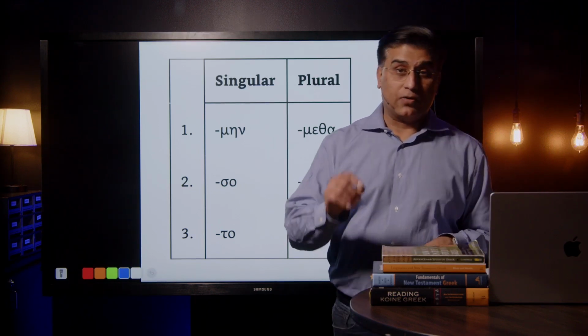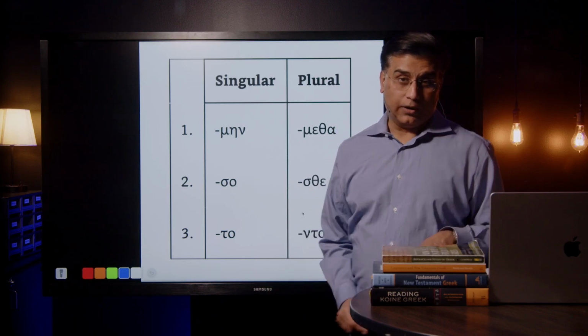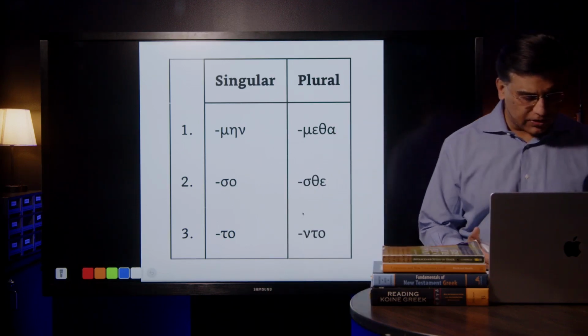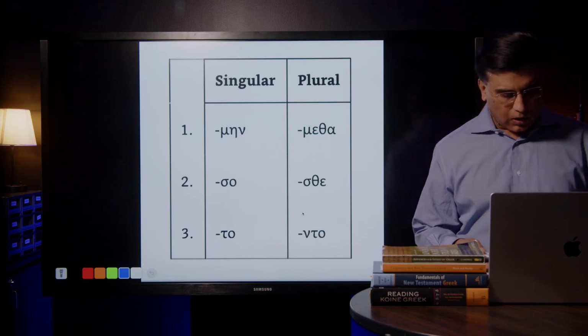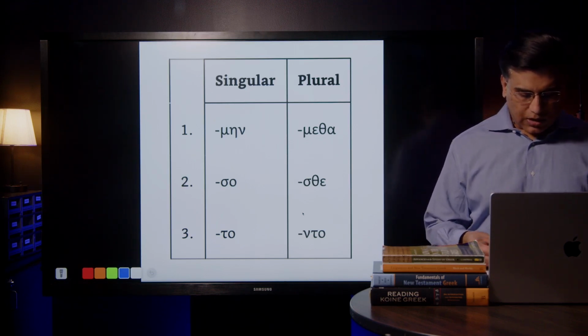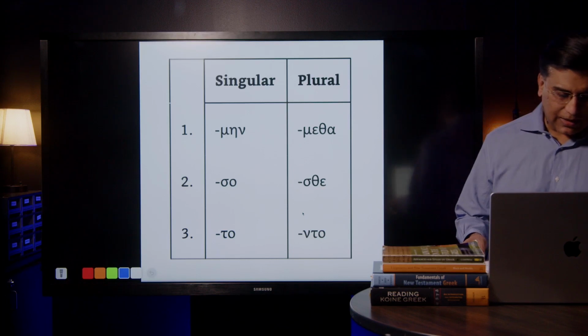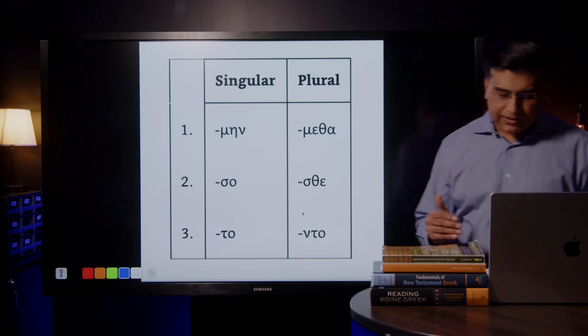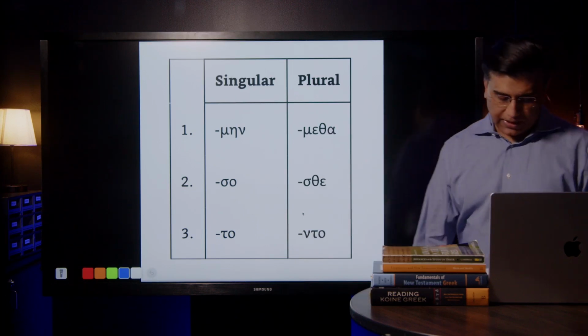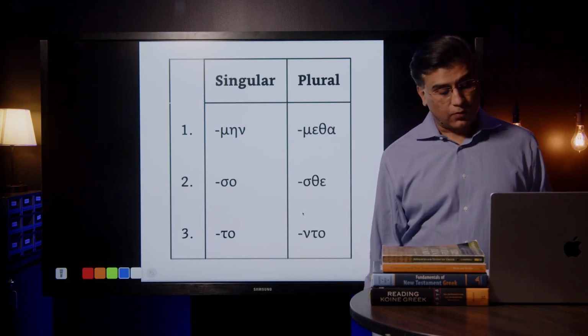Primary tenses are found under section 81, in Dr. Black's book on page 86 in chapter 12. But secondary tenses are here on page 97 in chapter 14.